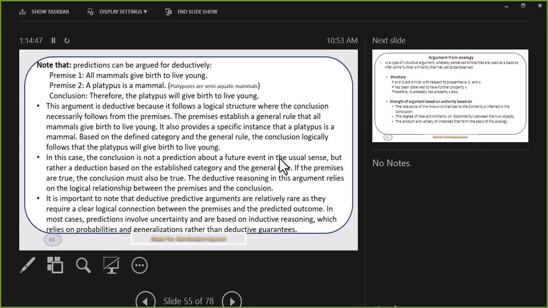It also provides a specific instance, that the platypus is a mammal. Based on the defined category and the general rule, the conclusion logically follows that the platypus will give birth to live young, right? So it's a very rare circumstance in which predictive passages can be argued deductively, right? But mainly, predictive arguments are inductive in their nature, right?